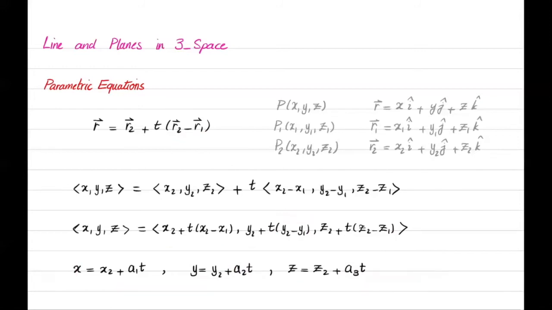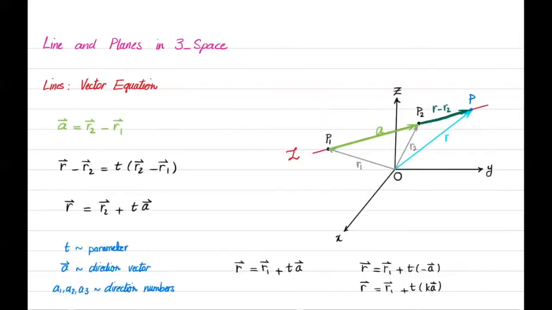And in these equations, since t changes from minus infinity to positive infinity, we can think of it as point P changing its position on this line L.